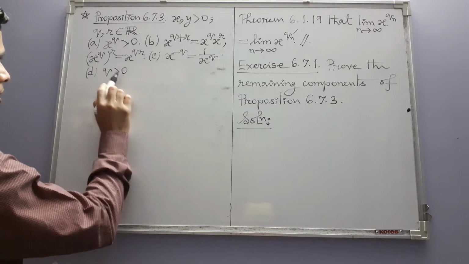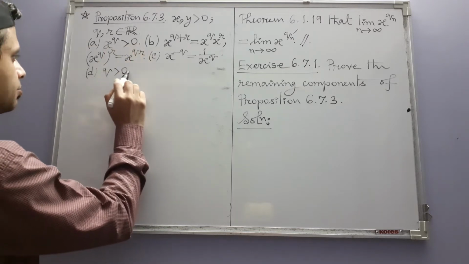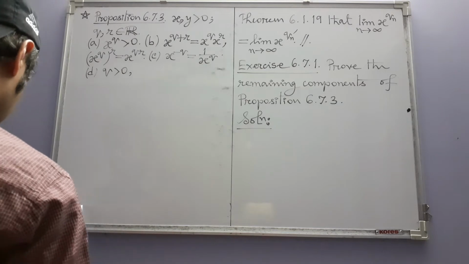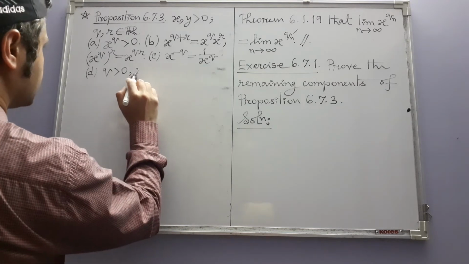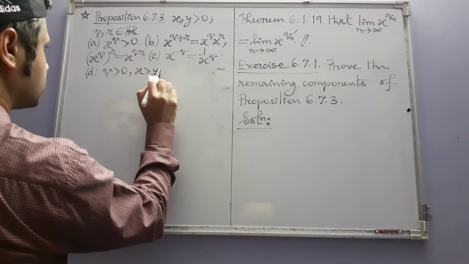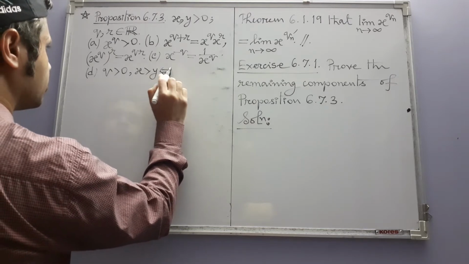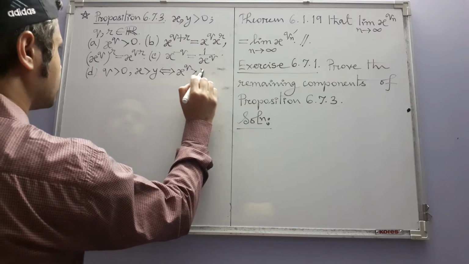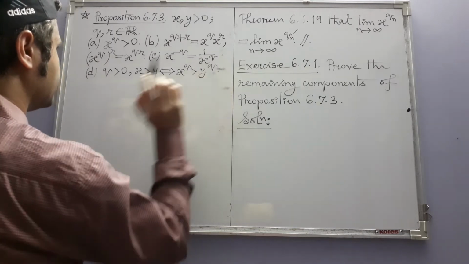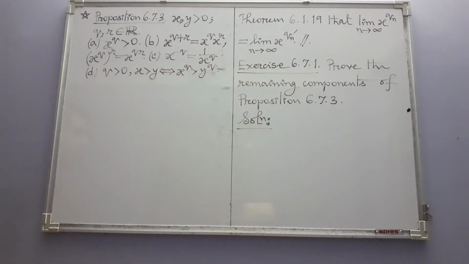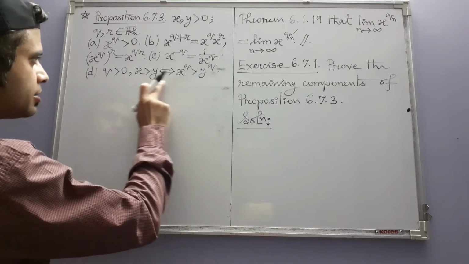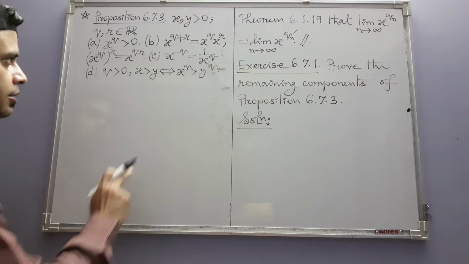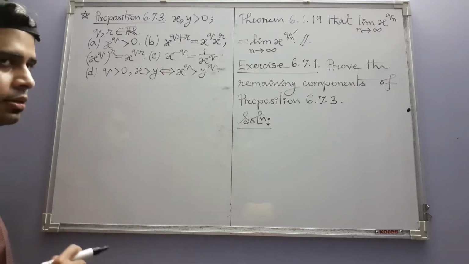Note that this is an extra hypothesis. Then x is greater than y if and only if x to the power q is greater than y to the power q. This is D, and these two inequalities are equivalent. If one happens, then so does the other.